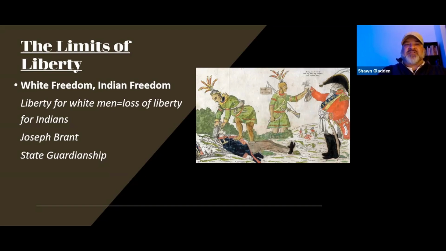Brant and other Native leaders allied with the British, hoping to protect their lands, but their efforts were in vain after the British defeat. As American settlers started moving into the Ohio Valley and beyond, Native Americans faced increasing pressure to cede their lands and assimilate into this expanded republic.